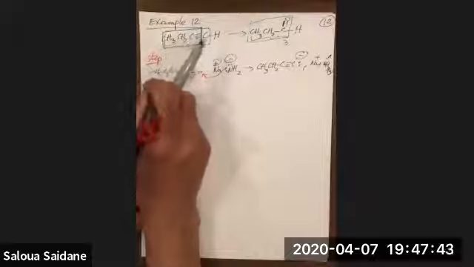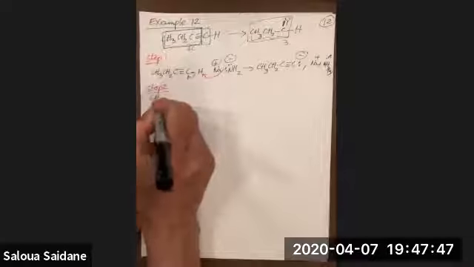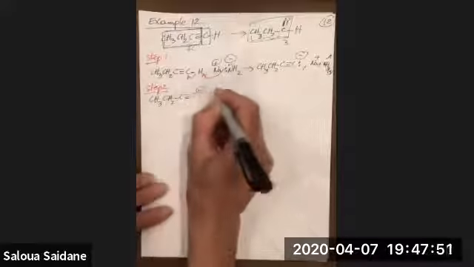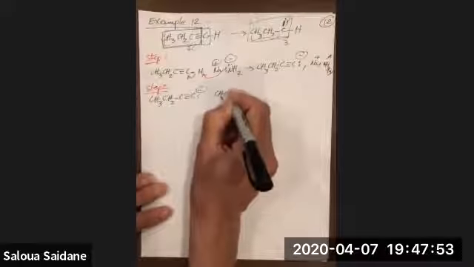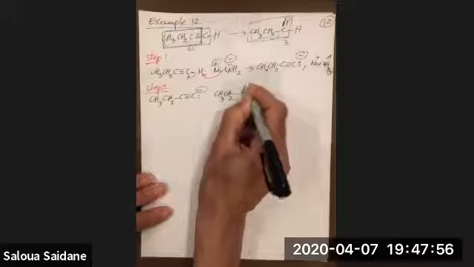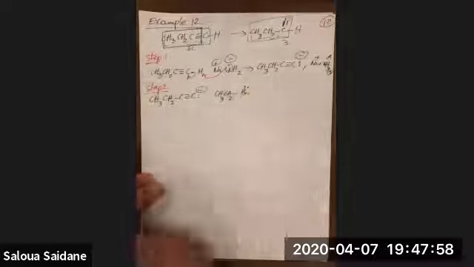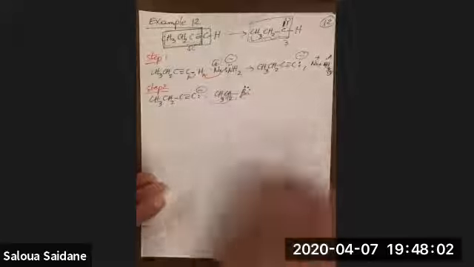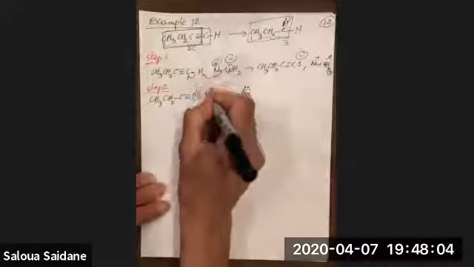So if I go step 2, CH3, CH2, CC, I'm going to add an ethyl using an ethyl bromide. And of course, I had the Na plus here.